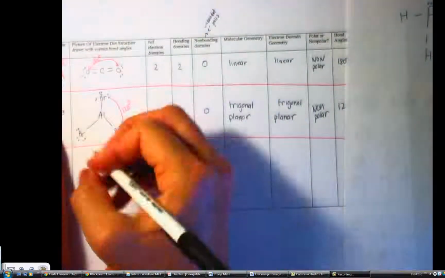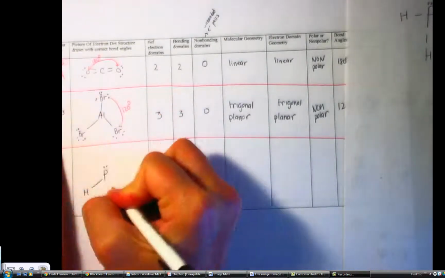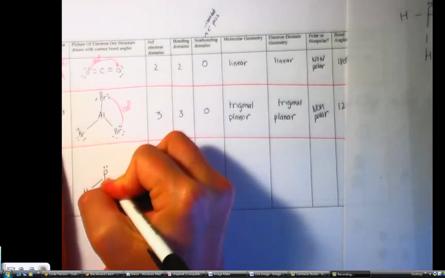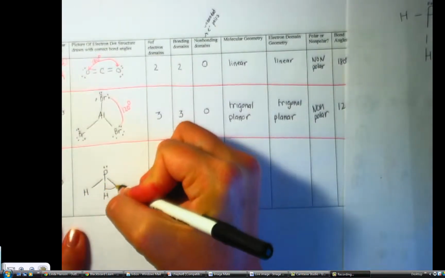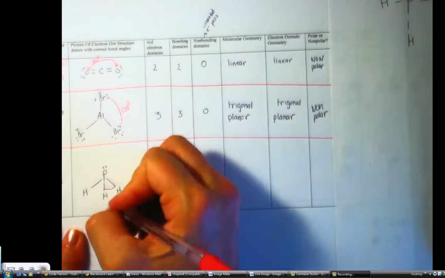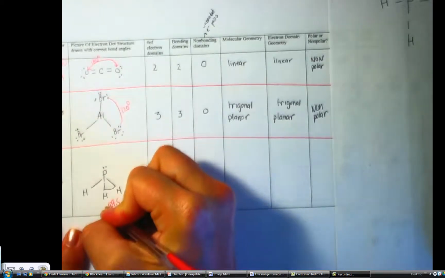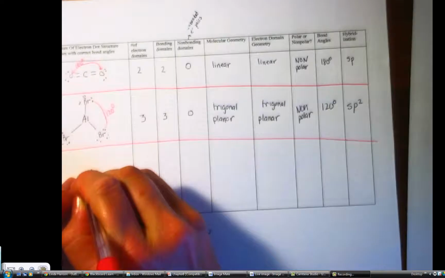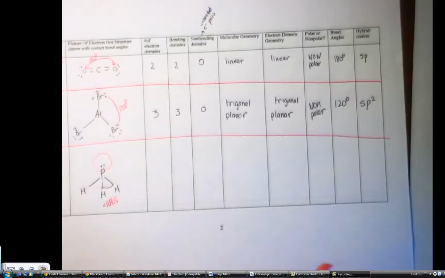So we'll draw 1 lone pair, point down is a hydrogen, point down is a hydrogen, point down is a hydrogen. And we can see that the bond angle here would be just slightly less than 109.5, simply because those lone pair of electrons, this highly electron-dense region, is pushing those hydrogens closer together.